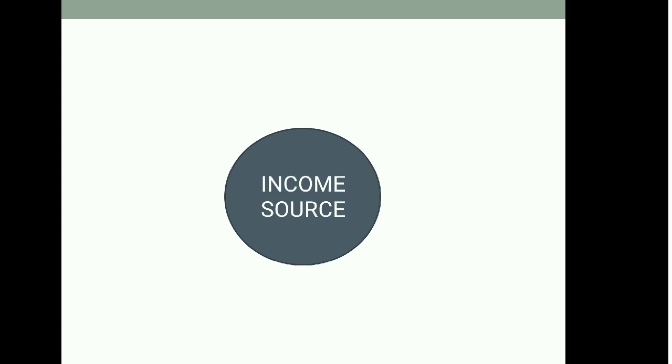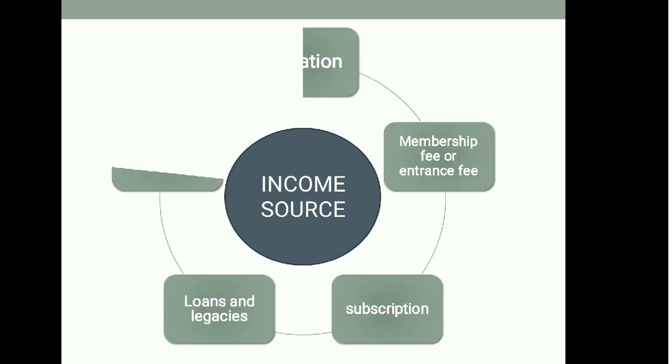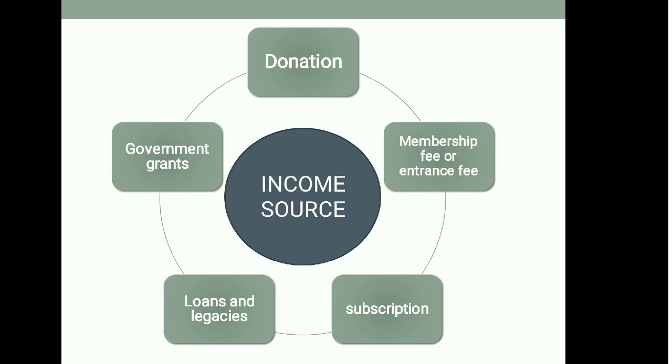So what are the main income sources of an NPO? They are not earning profits, they are charitable. So here are five or so sources of income of an NPO. First is donation.